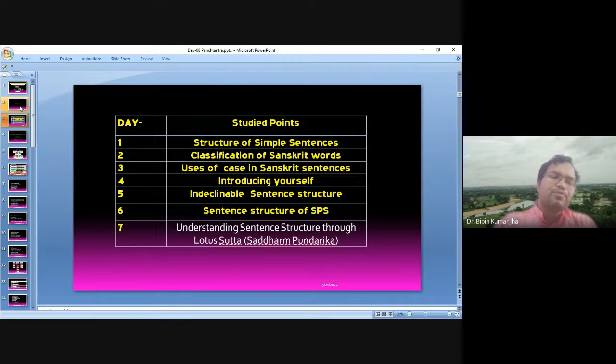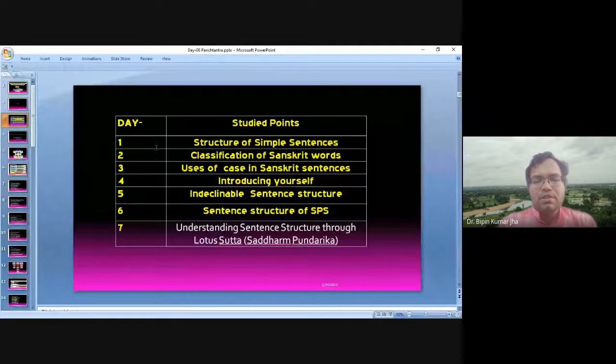Akhyat means verb, Upsarga means prefix, and Nipat is near about indeclinable or avyay. And on the third day, uses of case in Sanskrit sentences.